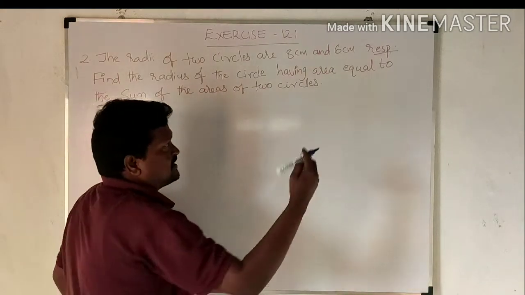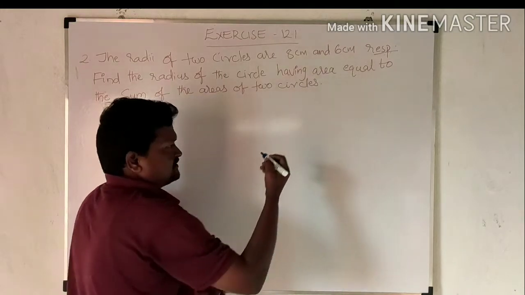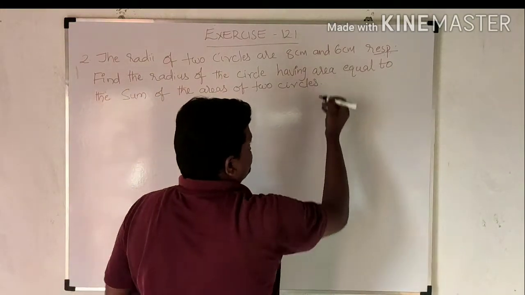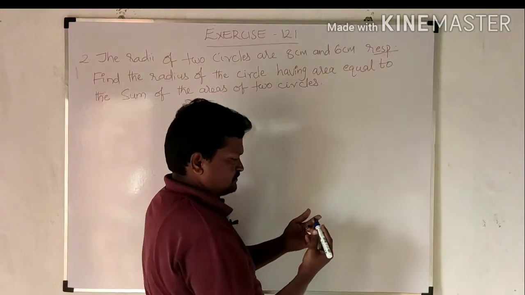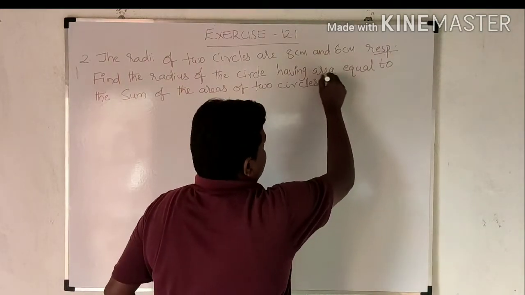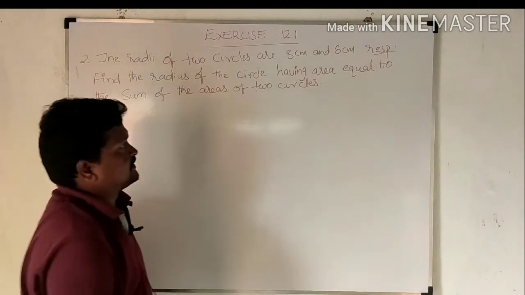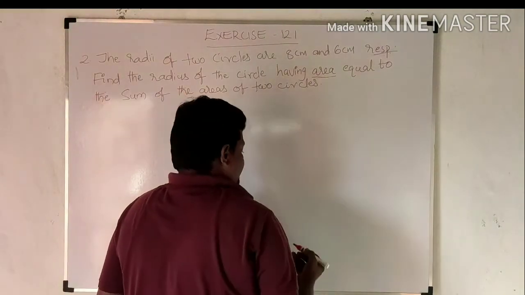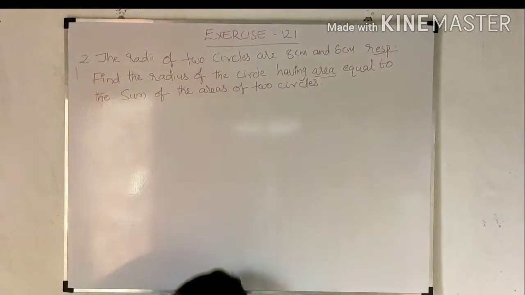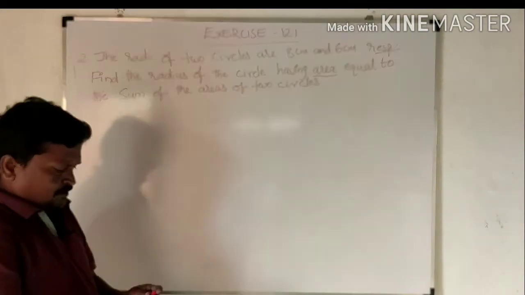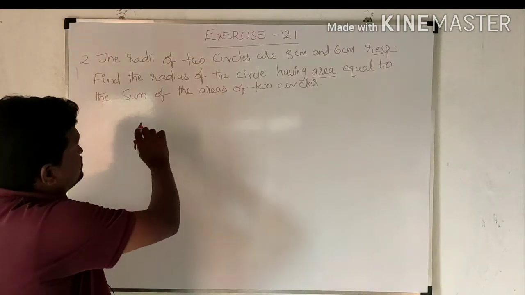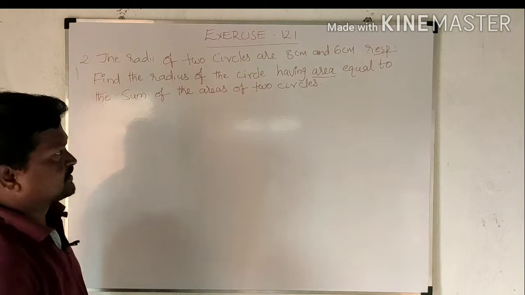But here it is given that the area is equal to the sum of the areas of two circles.